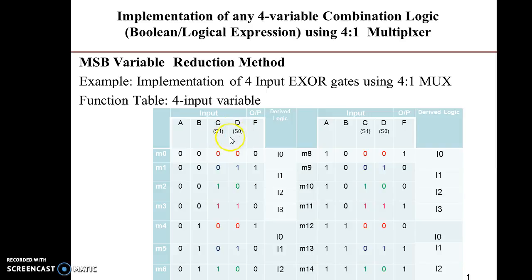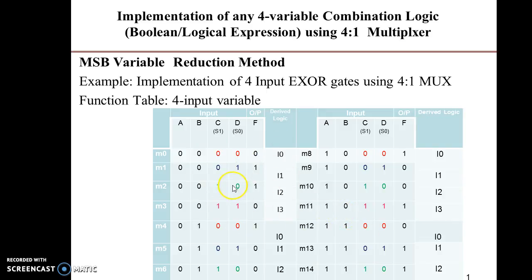S0, the LSB select input, is mapped with the D variable, and the MSB select input S1 is mapped with the C variable. Here the total number of min terms is 16, from 0 to 15. For A, B, C, D equal to 0, 0, 0, 0, the output of the XOR gate is 0. We are aware of this function table.